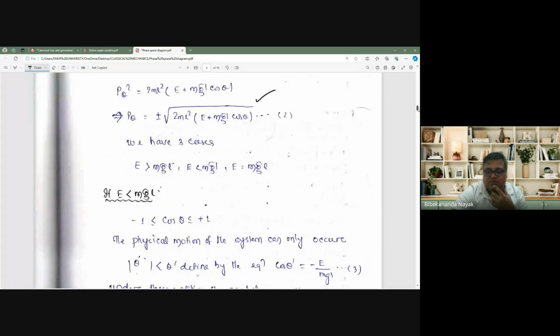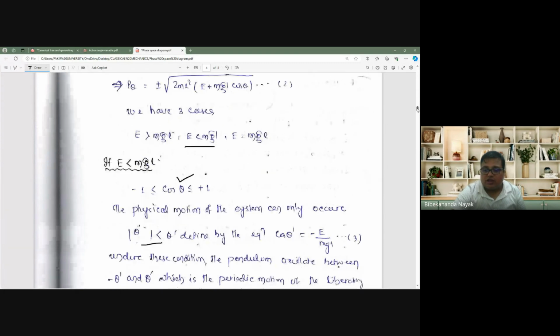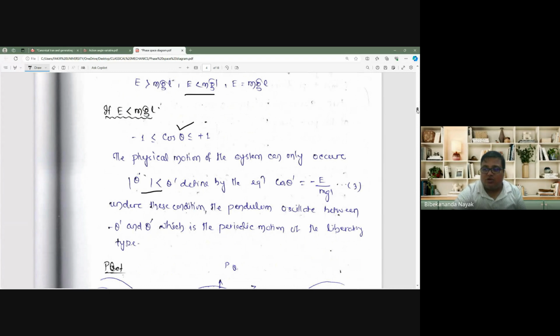When E is less than mgl, you know cos theta varies between minus 1 and plus 1. So physical motion of the system can only occur for theta values where cos theta is greater than or equal to minus E by mgl. Under this condition, the pendulum oscillates between the limits theta prime. It gives a periodic motion.